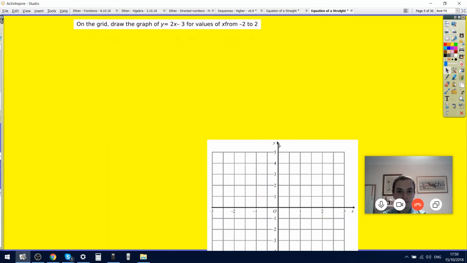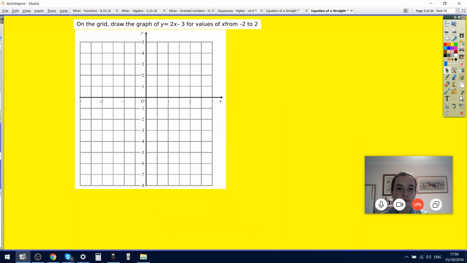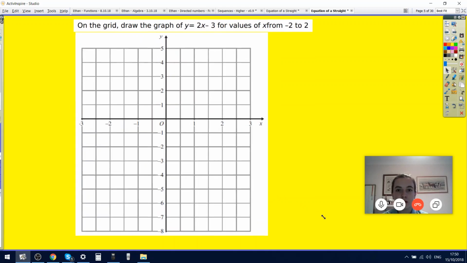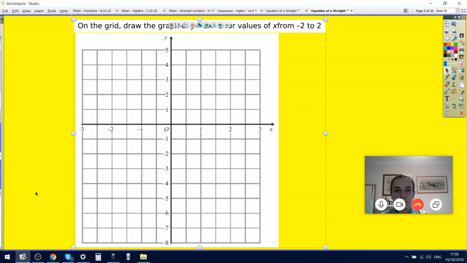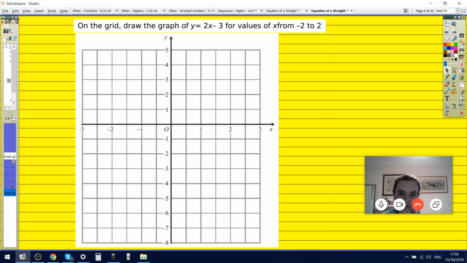How would you draw this graph? Would you do a table? You could, yeah. What would you sub in? Some x and y. Okay, what would you sub in first? x.